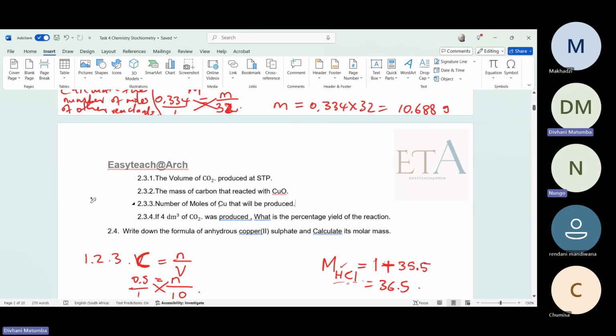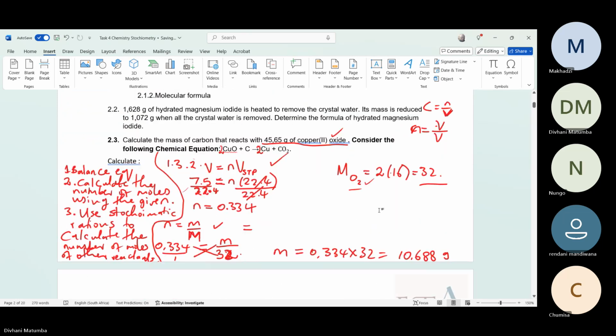Okay, Nungo, 2.3.3. The number of moles of copper that will be produced. Oh, this one we have already calculated. How many moles of copper will be produced? I said 0.574 moles.